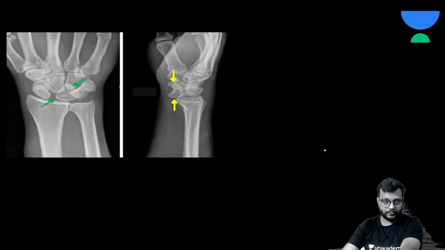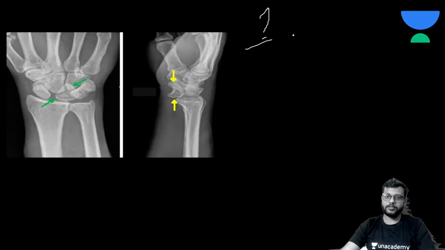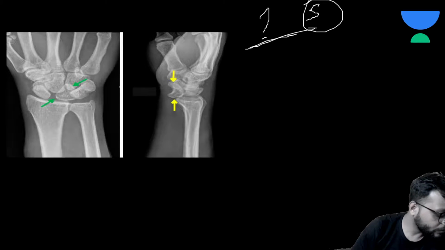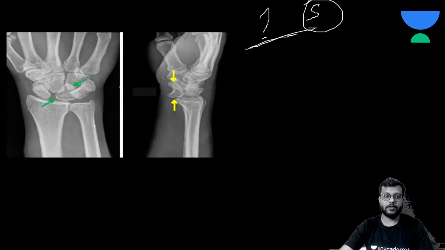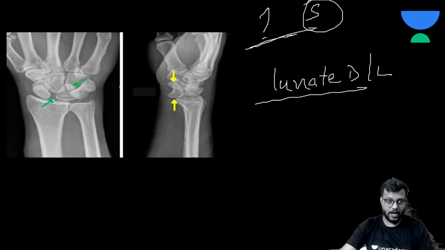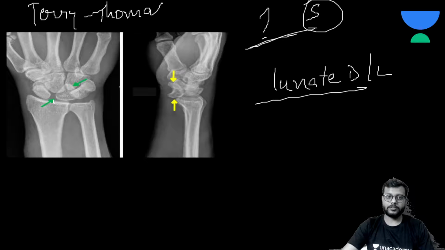Okay, what is this? This is lunate dislocation, as you can see, and here this empty sign is called as the Terry Thomas sign.